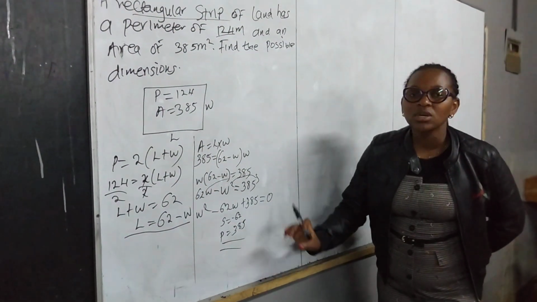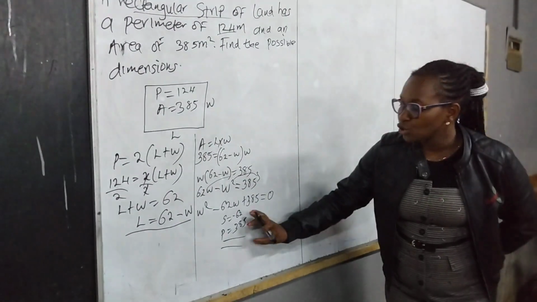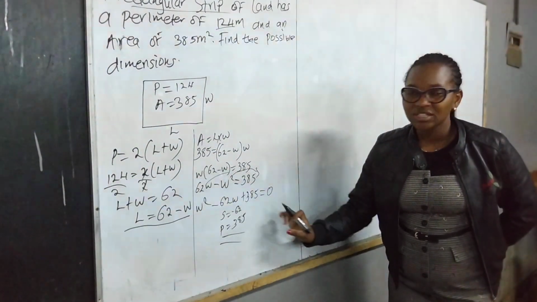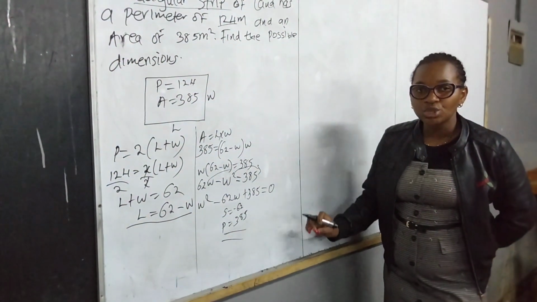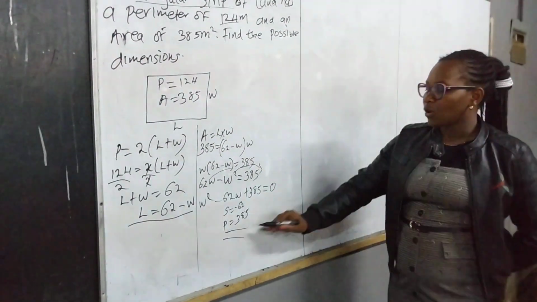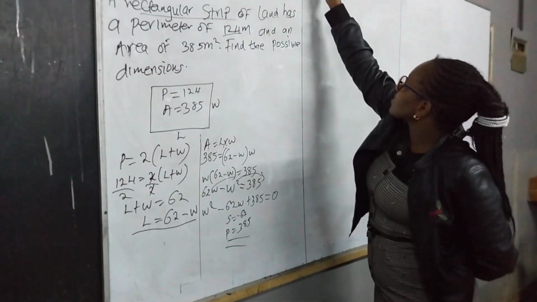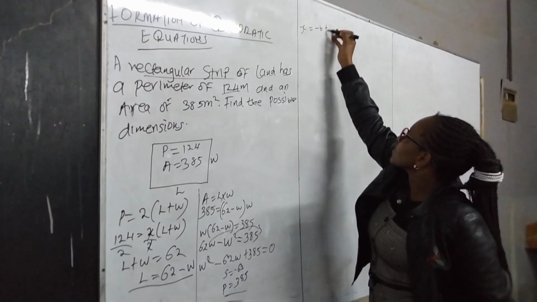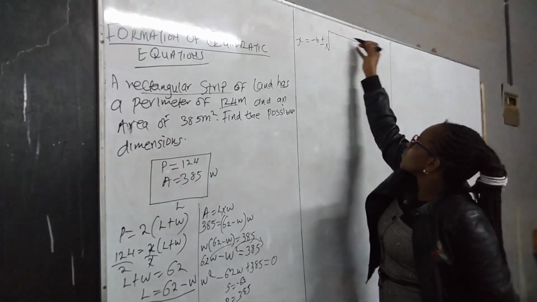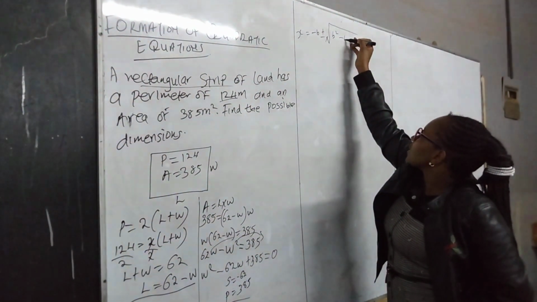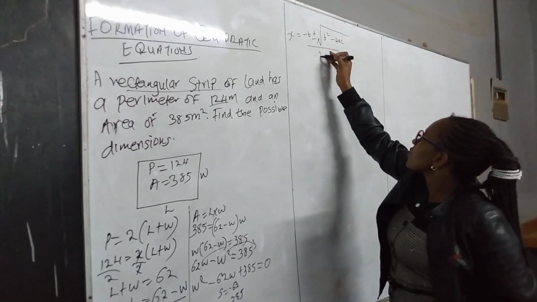That is why in my previous video I showed you how to derive the quadratic formula, and that is exactly what we are going to use. So, going direct to our quadratic formula, x is equal to negative b plus or minus the square root of b squared minus 4ac, over 2a.